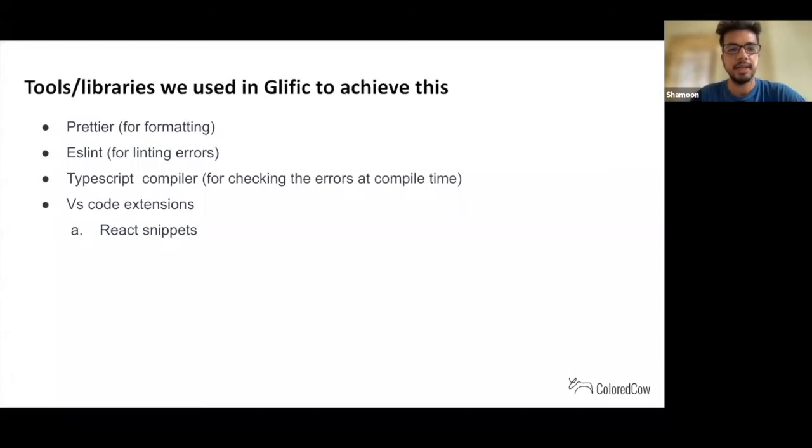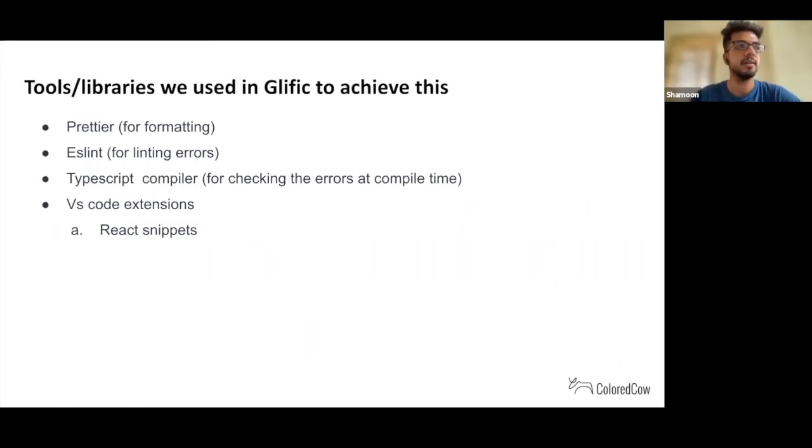Third, we have the TypeScript compiler. TypeScript compiles into JavaScript, and during compilation it already checks for linting errors or Prettier errors, so we check these at compile time with the help of TypeScript. Finally, we have some VS Code extensions. I have named just one as an example: React snippets.